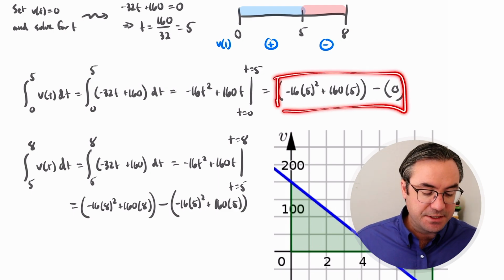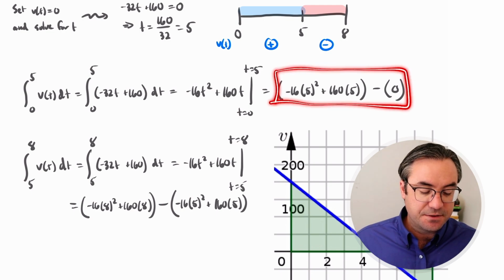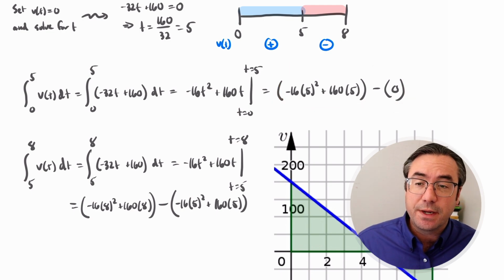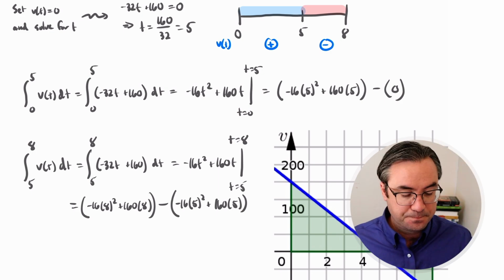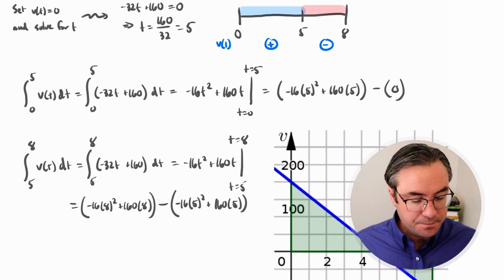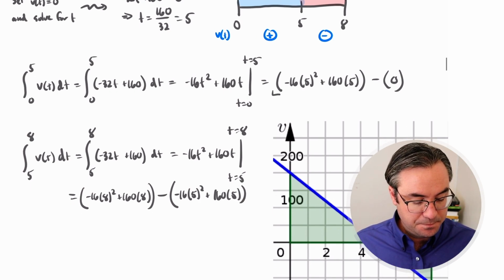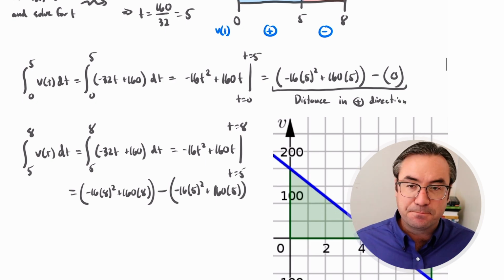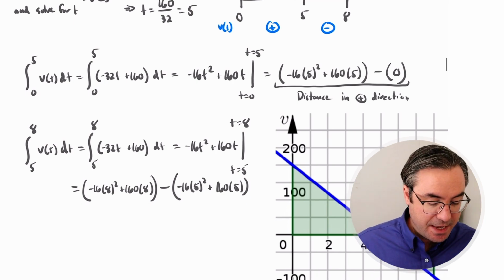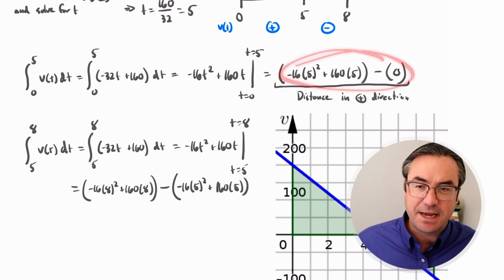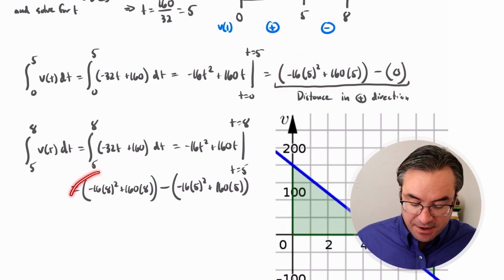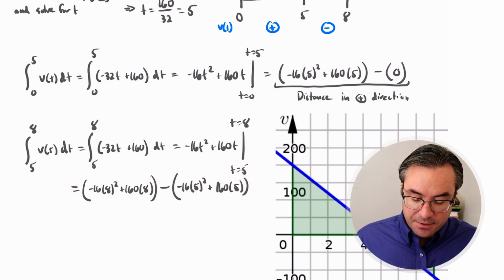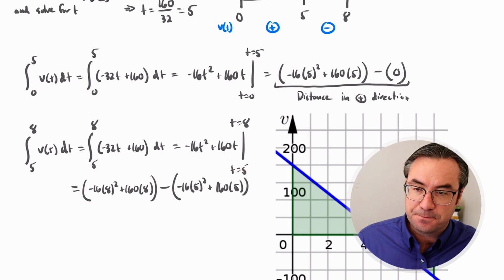So this value is positive, and what this value represents is the distance that we've traveled going in the positive direction. So this is a positive value here, if we were to simplify that down.